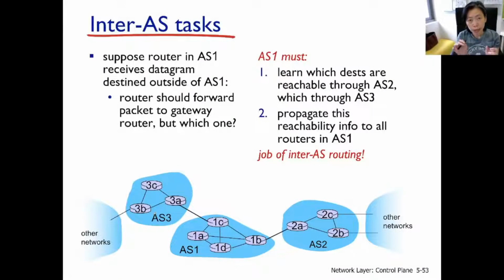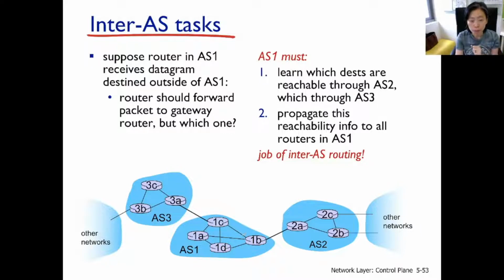To make sure the interplay of the intra-AS and inter-AS routing is more clear, let's take a step back. Look at AS1 here: 1A, 1B, 1C, and 1D. These routers within the AS would run the intra-AS routing. Therefore, they would know the shortest path to each other.